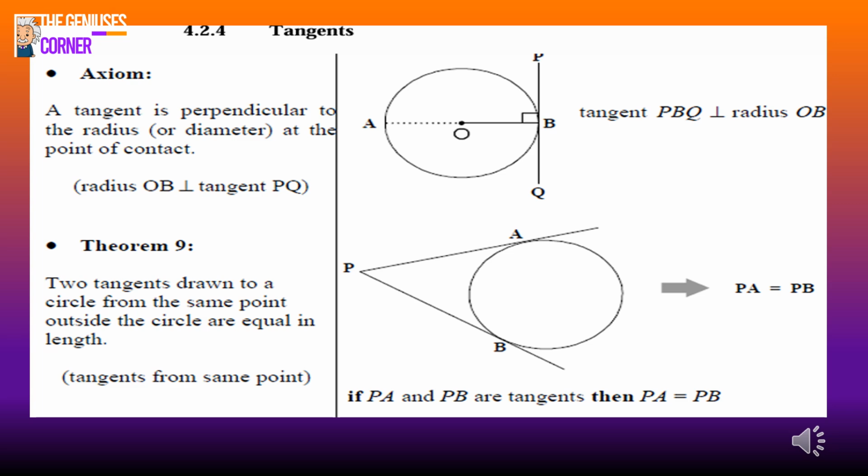Now, we say that tangent PA and PB are equal. The reason we use is tangent from common point. That's another theorem that we need to keep in mind. So as a result, line PA is equal to line PB.